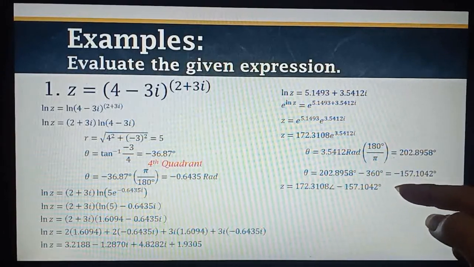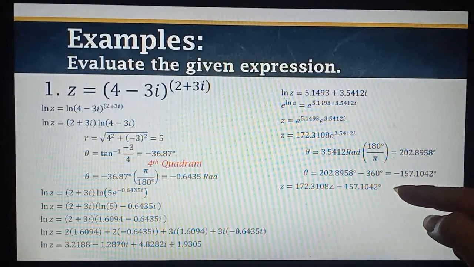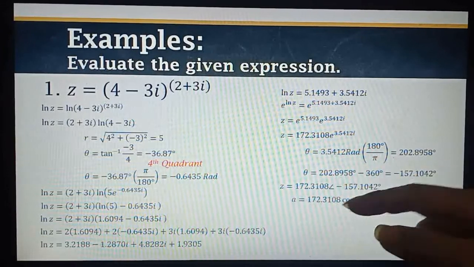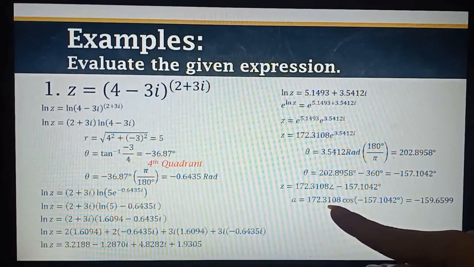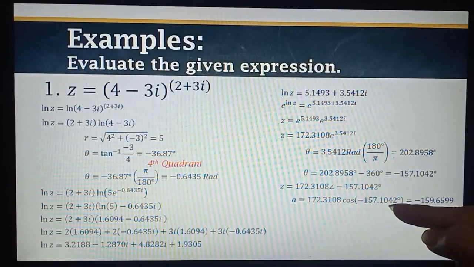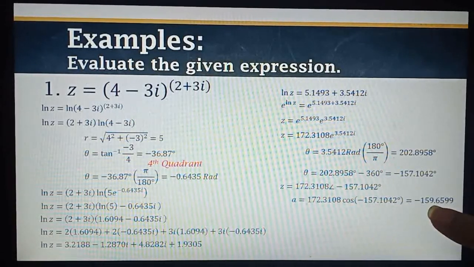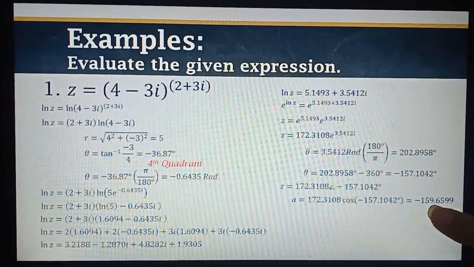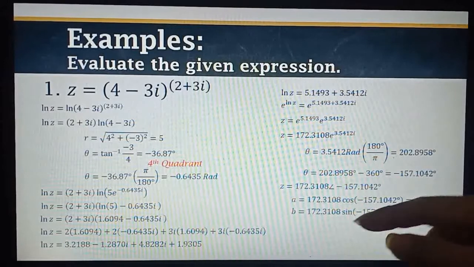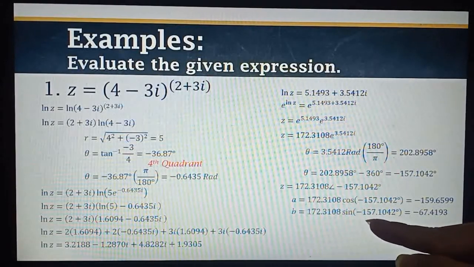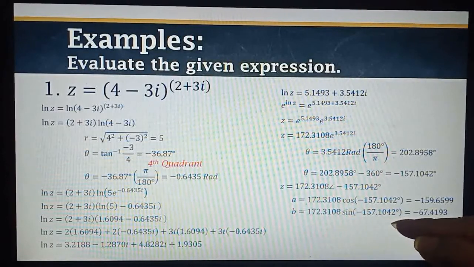Now, let's find out the rectangular equivalent of this equation. So, hanapin natin si A, which is 172.3108 cosine of the angle negative 157.1042. That is equivalent to negative 159.6599. Then finding the value of B, that is 172.3108 sine of the angle negative 157.1042.